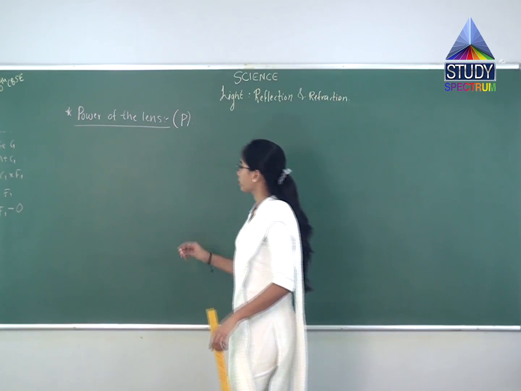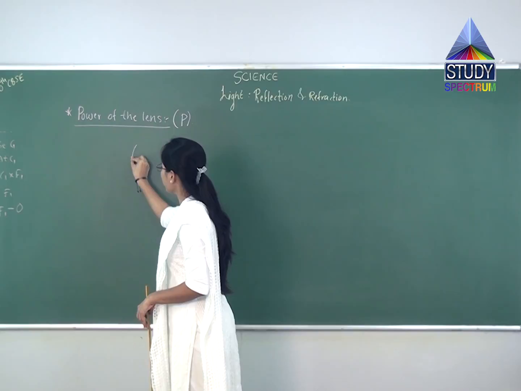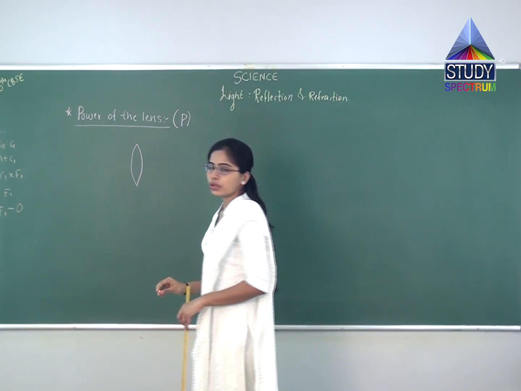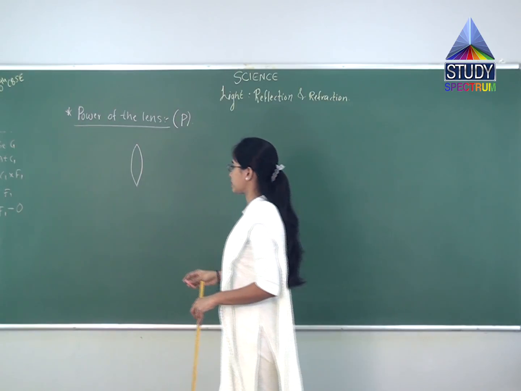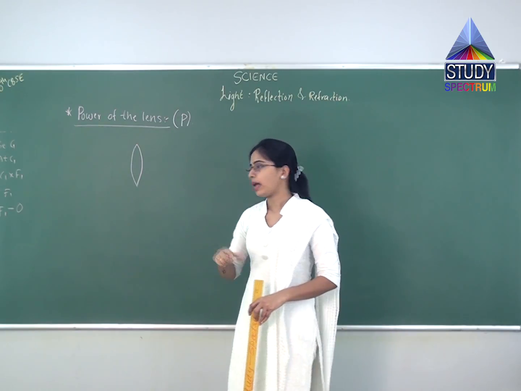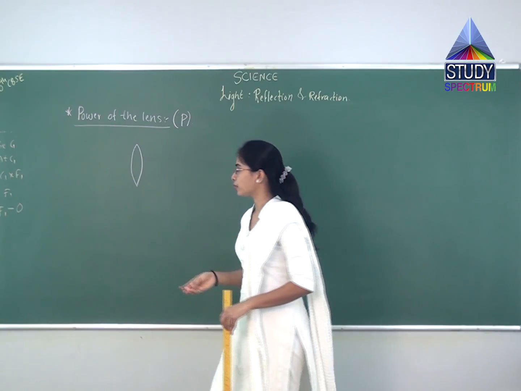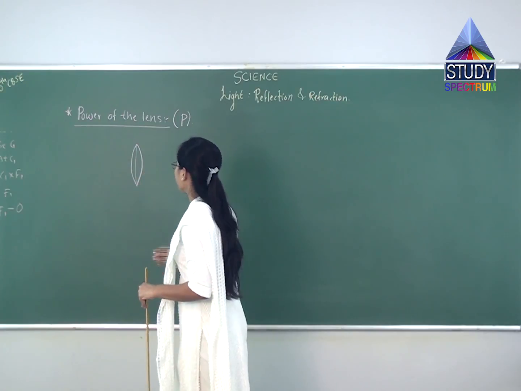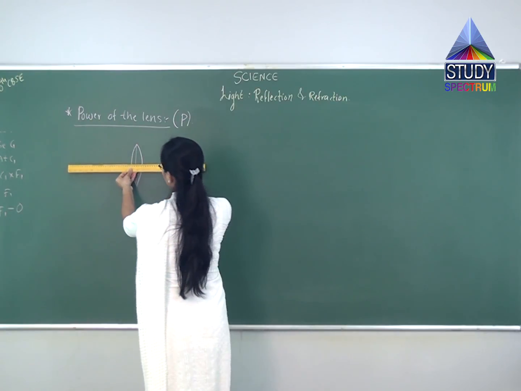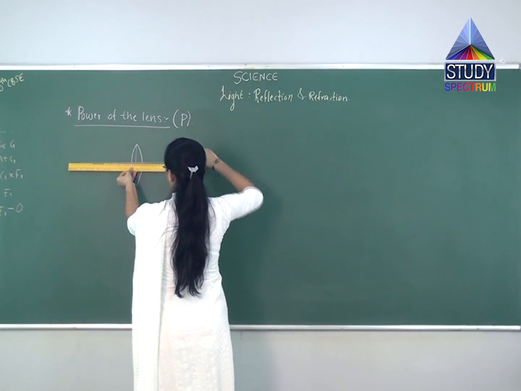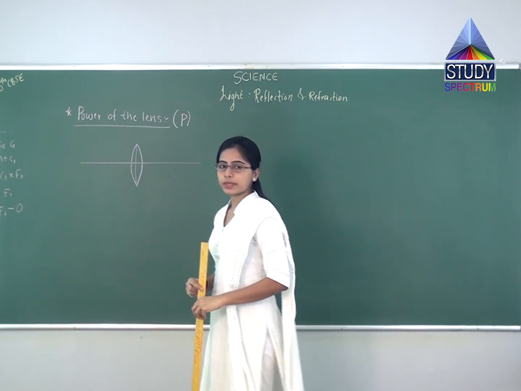Suppose I am taking two convex lenses, one of lesser focal length and another with a little larger focal length. Suppose this is my convex lens, and this is the principal axis.